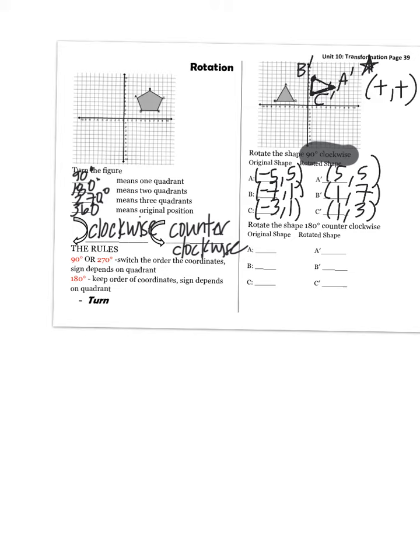Okay, so now we're doing 180 counterclockwise. The thing is, with 180, it doesn't really matter if you go counterclockwise or clockwise. It puts you in the same quadrant. See? So if we were here in quadrant 2, 90 degrees, 180, that was going clockwise, we end up in quadrant 4. If we go counterclockwise, 90 degrees, 180, same thing, as long as you're diagonal.